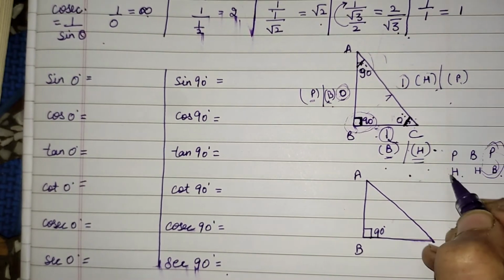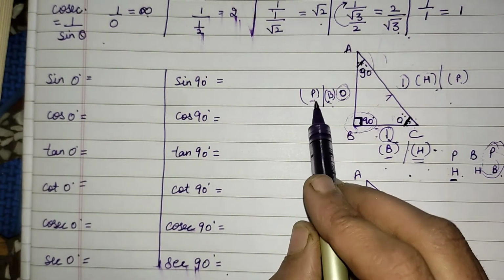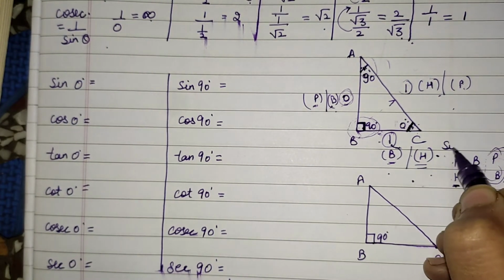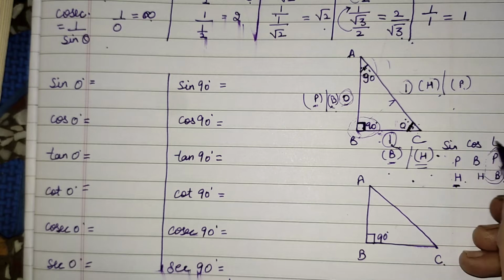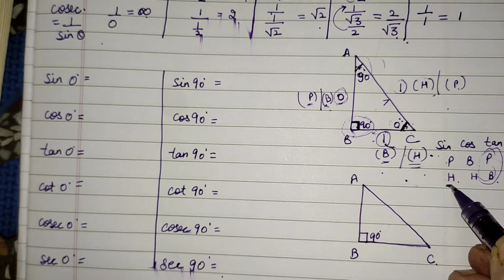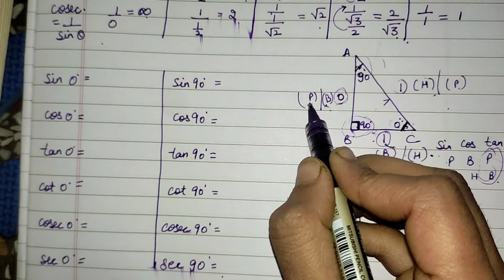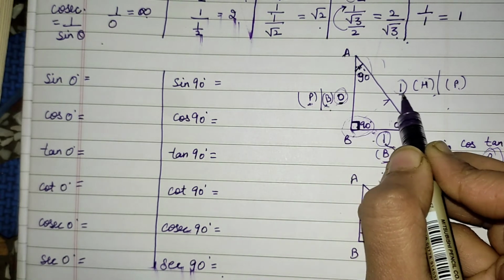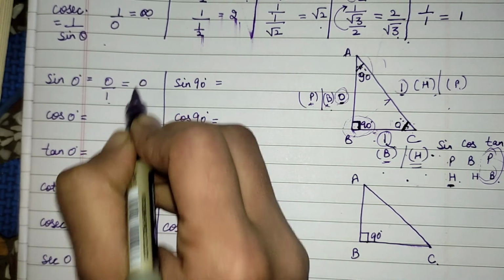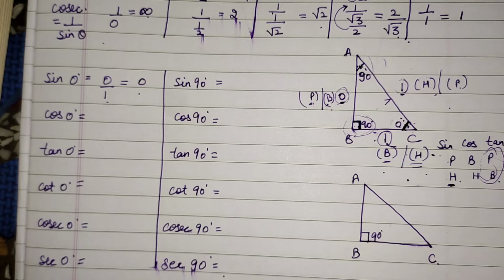If I am going to find out the value of sine, so sine is what? Sine is perpendicular by hypotenuse. This is sine, this is cos and this is tangent theta. The perpendicular is 0 and hypotenuse is 1. So 0 by 1 will give me 0.